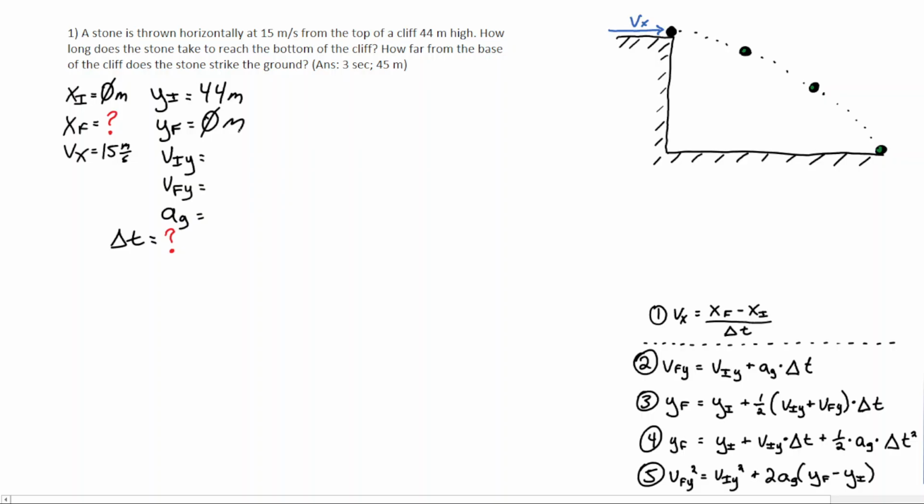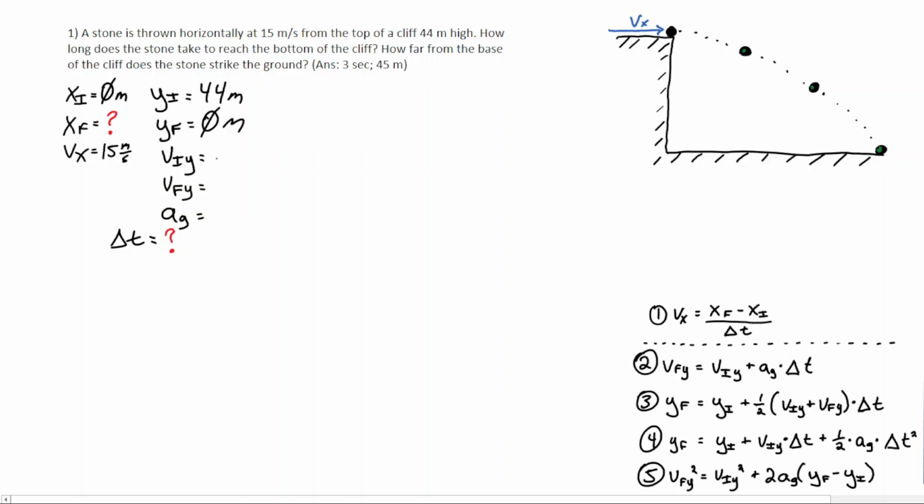And once again, for our initial velocity in the y direction, are we given an initial velocity in the y direction? It's horizontally being tossed out, thrown to the right. There is no y component in the initial velocity.